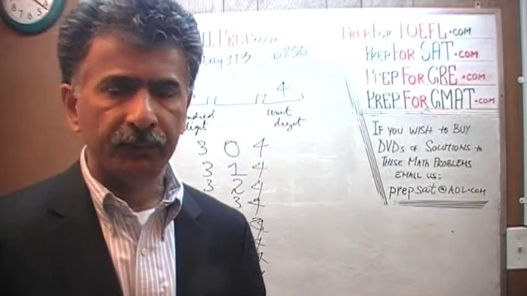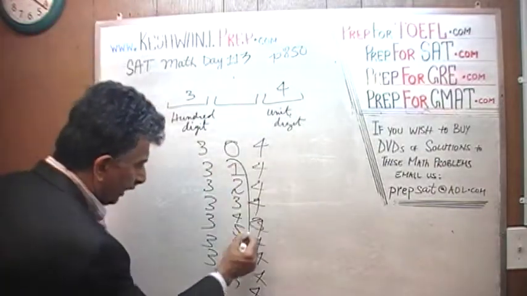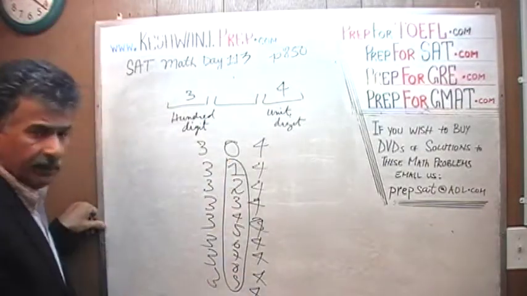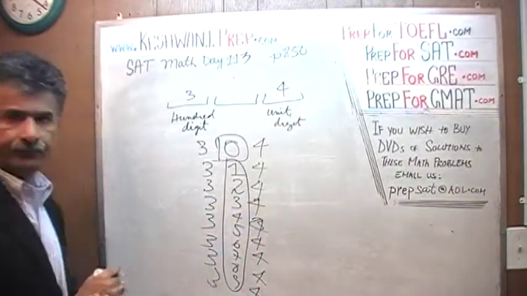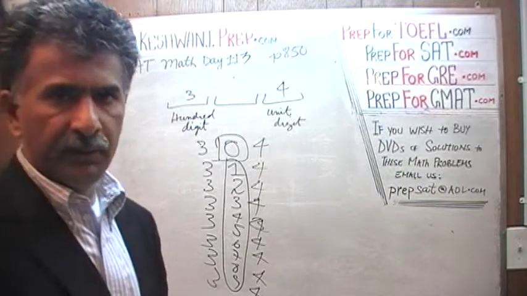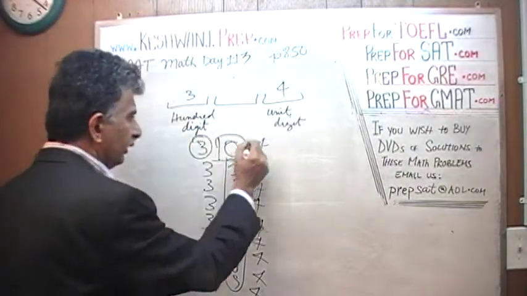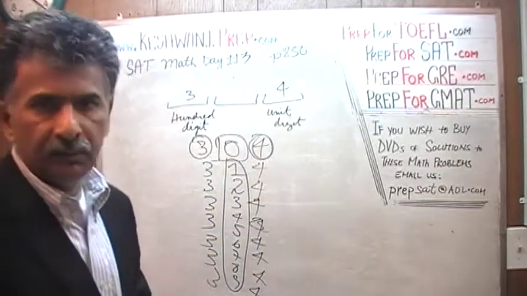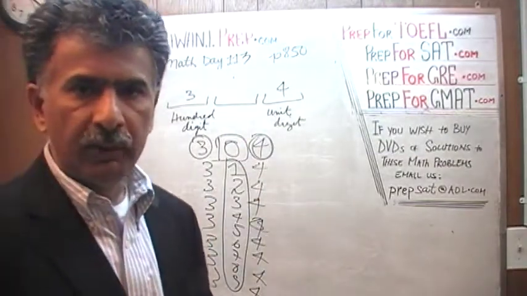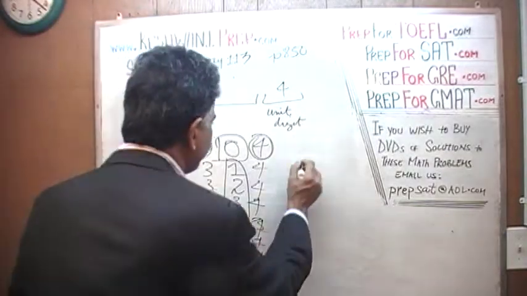How many are there? Don't say 9. 1 through 9 would have been 9, but don't forget the 0. You have to start with 304, not 314. The condition is that the 100 digit has to be 3, which it is, and the unit digit has to be 4, which it is. So you begin with 0 and go all the way up to 9. Those are 10 digits. The answer is 10. The answer is A.